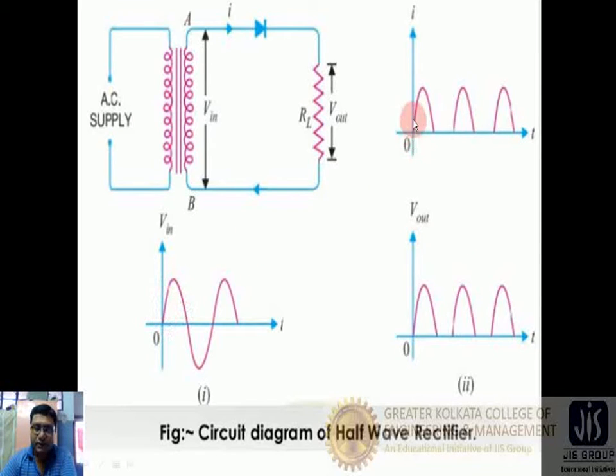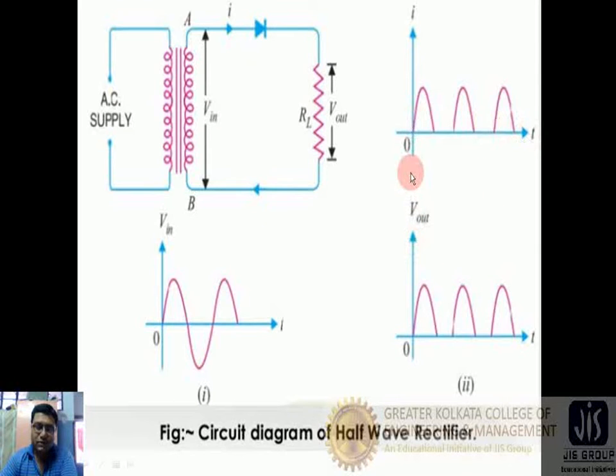That is why the diode conducts only in one cycle of this input signal, and the other cycle is blocked due to the reverse polarity, as it is negative and it is positive. So the diode is in reverse bias and the diode stops conducting. So there will be no load current, and for that reason there will be no output voltage. It is the voltage versus time graph, and it is the current versus time graph.